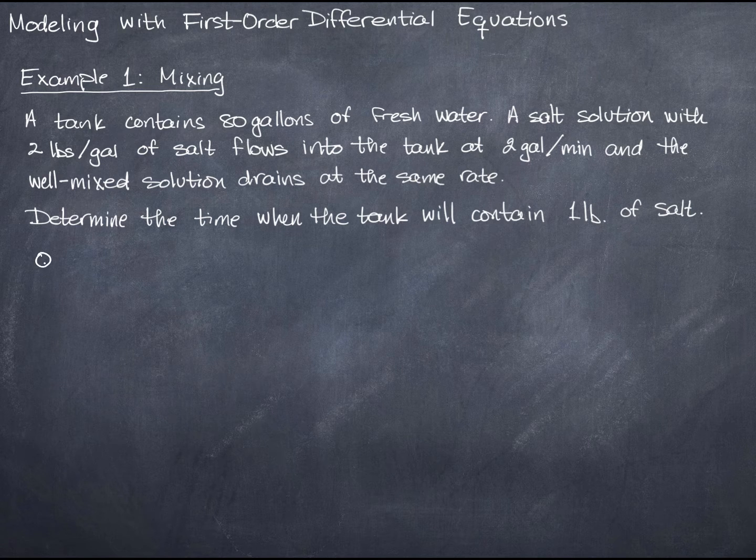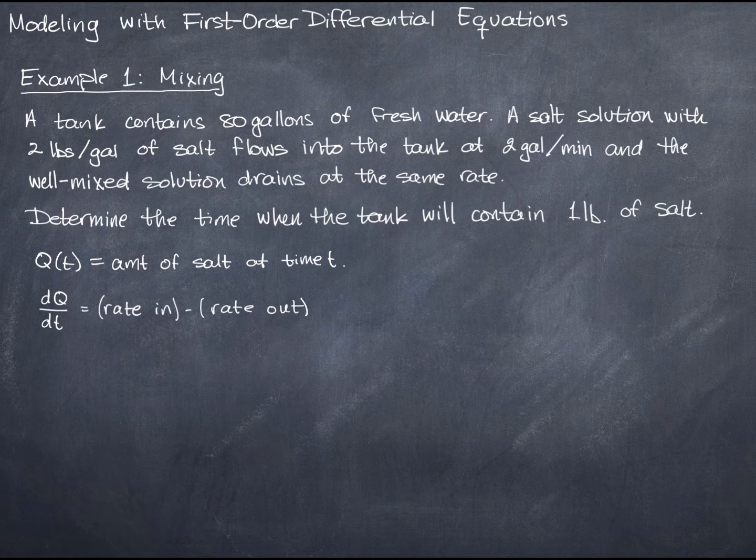Your textbook says it's going to use Q of T to represent the amount of salt. I think Q probably stands for quantity. The amount of salt in the solution at time T. Well, that tells us that the rate of change of the amount of salt in the solution over time is the rate at which the salt is coming into the tank minus the rate at which the salt is going out of the tank.